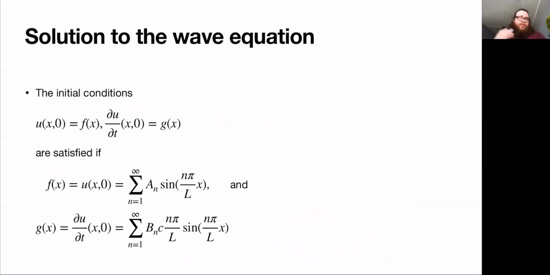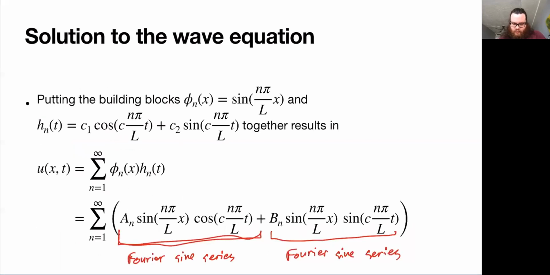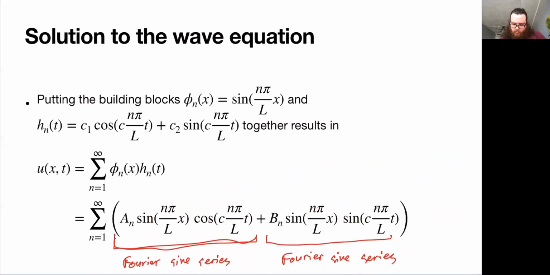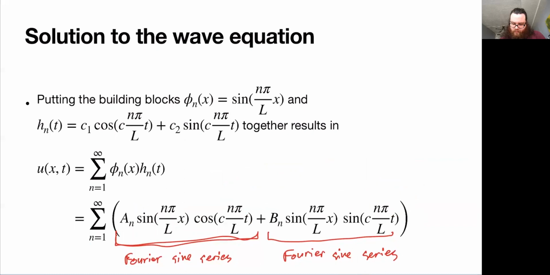And so where do these coefficients come from? Those come from matching our general solution to the initial conditions. So we plug in, let me copy this. Those were the building blocks.